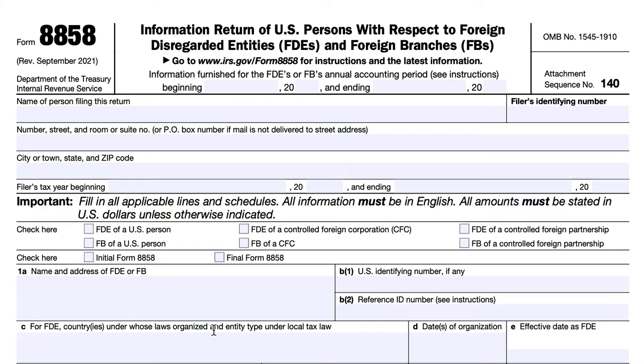Certain U.S. persons that might have to file IRS Form 5471, that's reporting on controlled foreign corporations, that happen to be a tax owner of an FDE or operating an FB at any time during the controlled foreign corporation's accounting period.